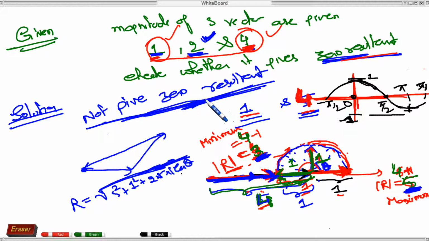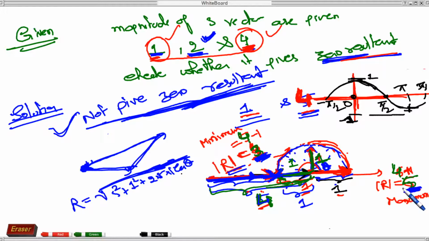This will not have a zero resultant, because you can see here, if these two vectors are here and the third vector is like this, so initial and final points are same, so that will give a zero resultant value. But here, the minimum resultant is 3 and the maximum is 5. 4 plus 1 is 5.